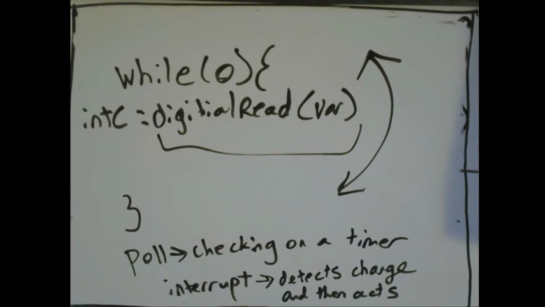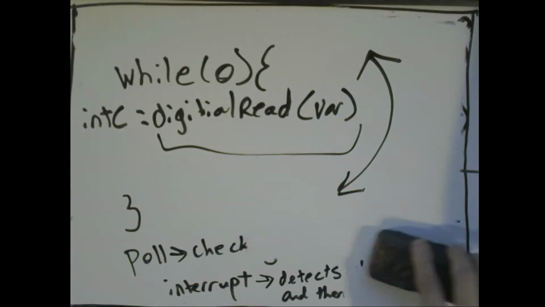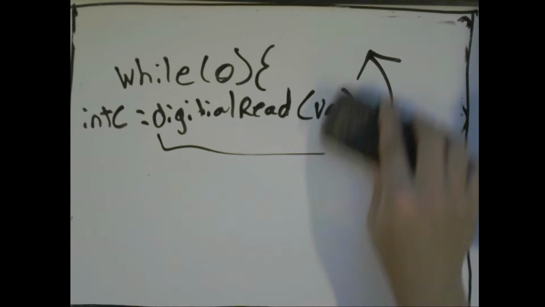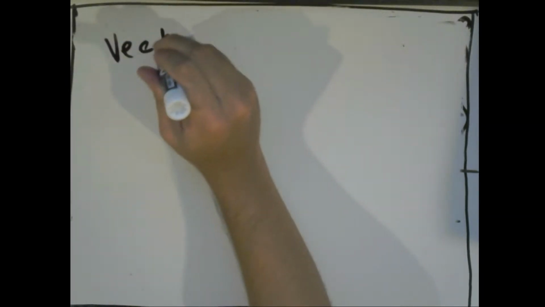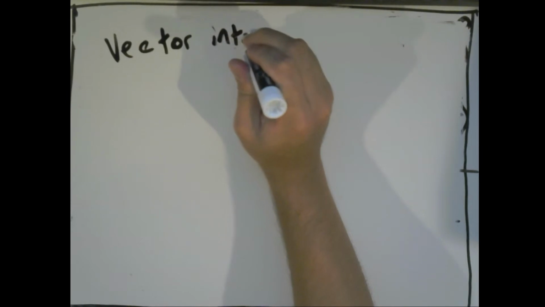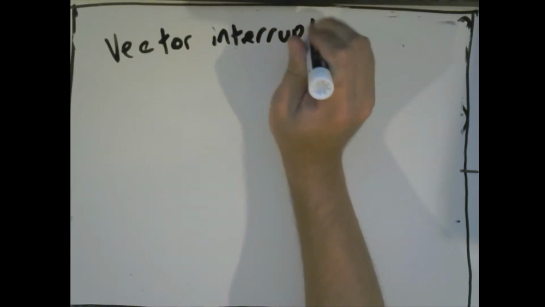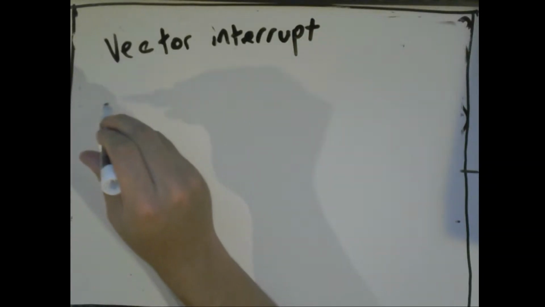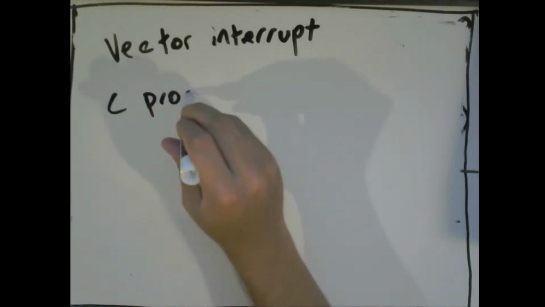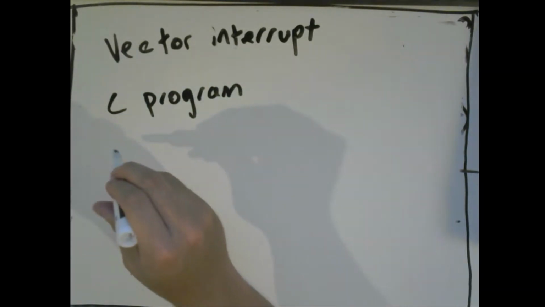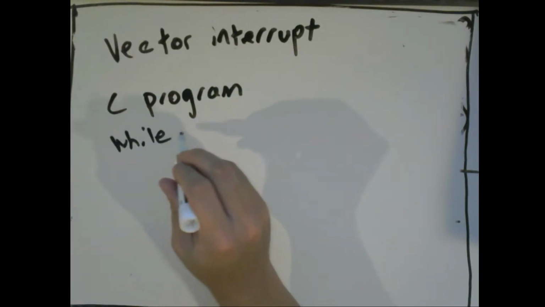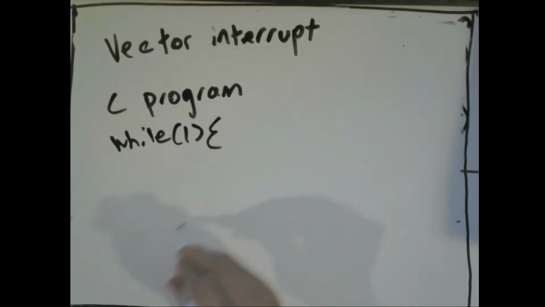What does it mean if something's vectored? So in microcontrollers, when we're talking about vectored interrupts, polls are never vector interrupted. But say I have a C program, and maybe I have some processing loop. It doesn't matter what's in this loop, it's just doing something.